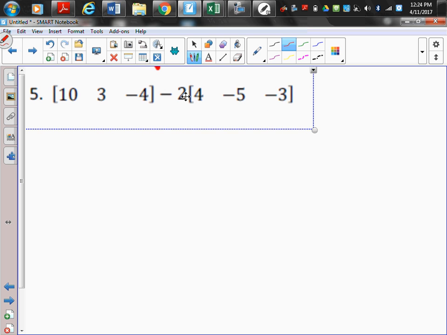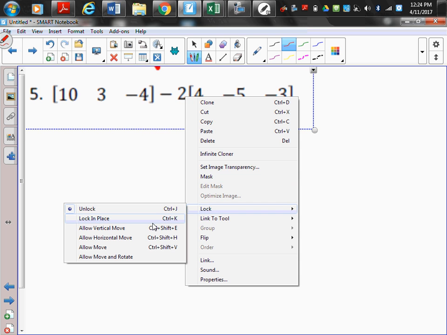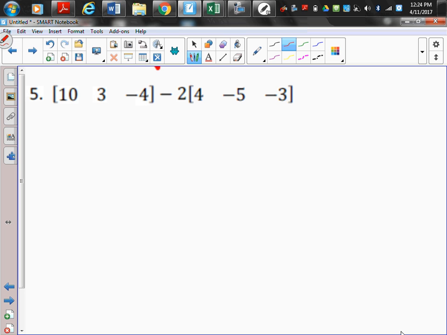So the first thing you do is you multiply. You multiply the scalar first. So this one stays the same. What's 2 times 4?